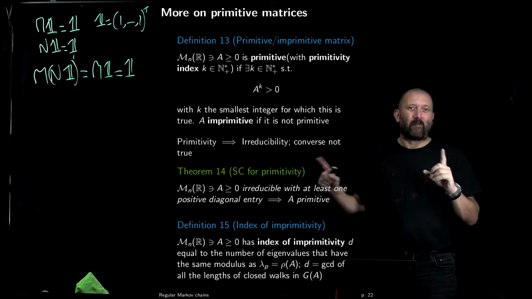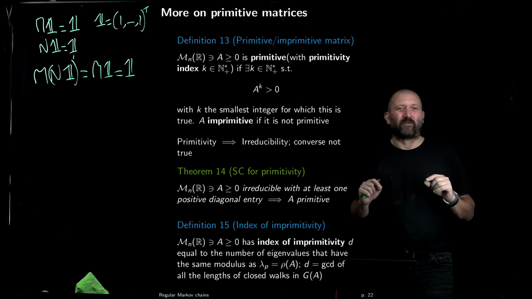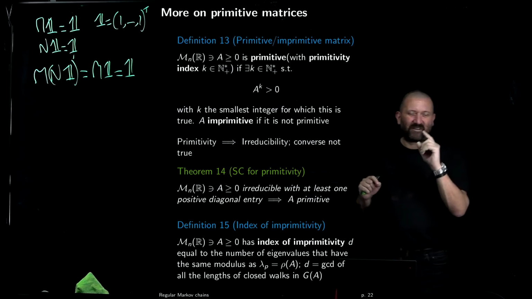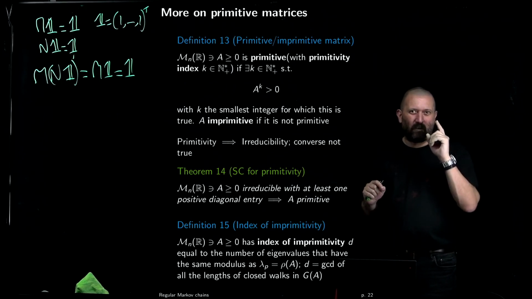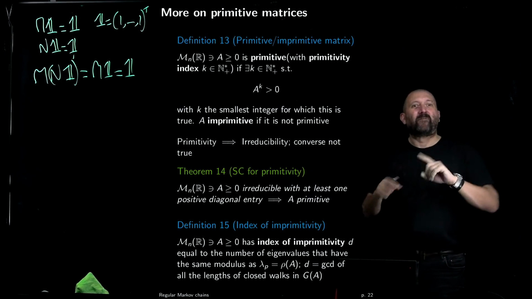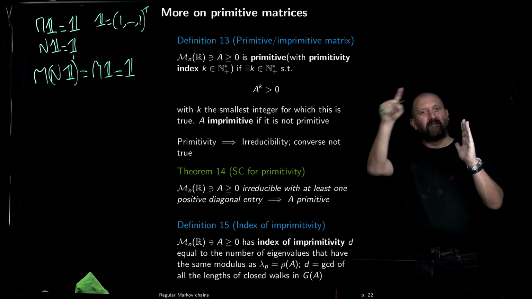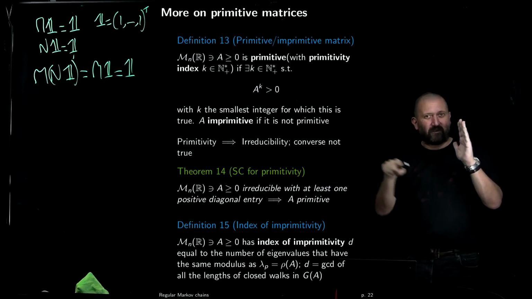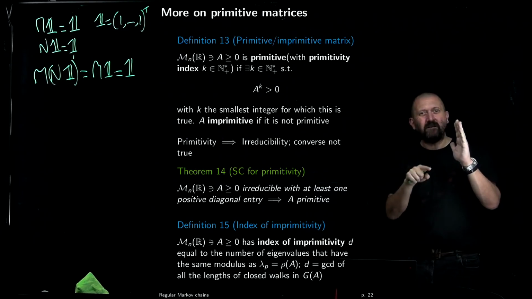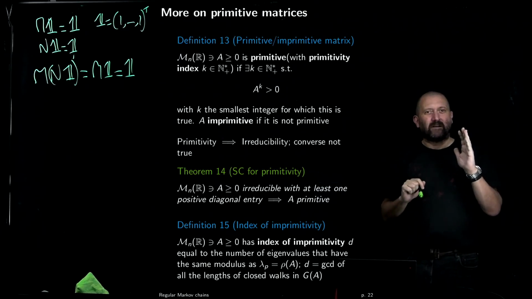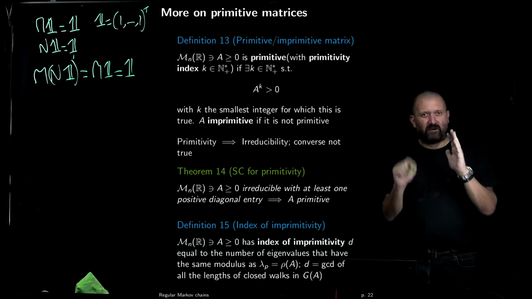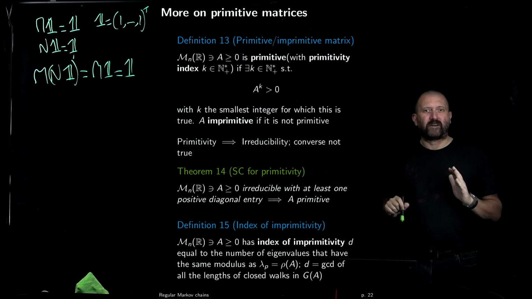We're not necessarily in the primitive case, but we're in the irreducible case, for instance. We know this eigenvalue has multiplicity 1. But there can be other eigenvalues on the circle with radius rho of A. There can be other eigenvalues with the same modulus. They're just not equal to rho of A.